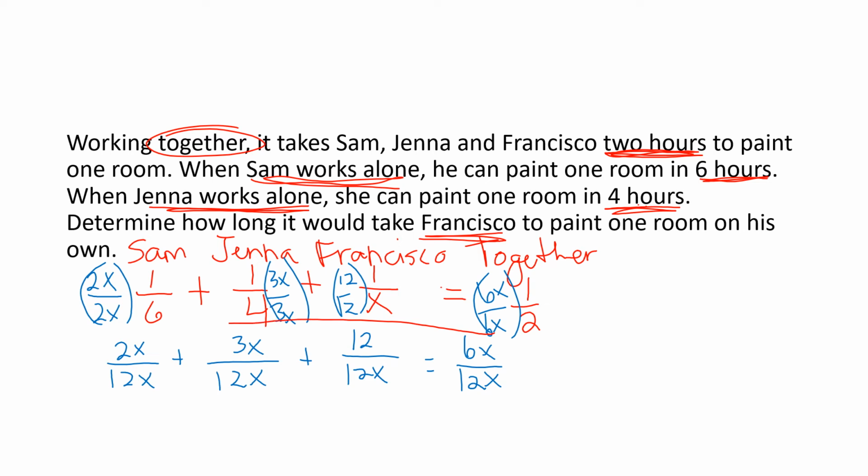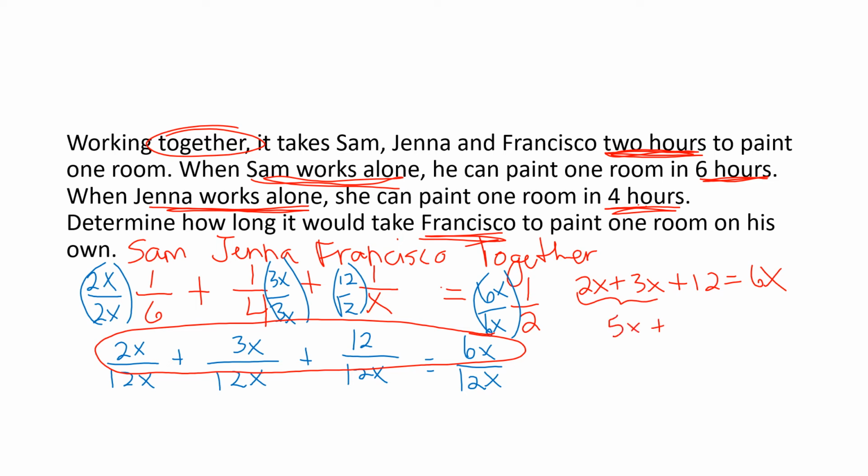Once we have that common denominator, we're really just looking at the top here and using that equation to solve for x. So what I see is 2x plus 3x plus 12 equals 6x. I can combine these like terms. So I've got 5x plus 12 equals 6x.